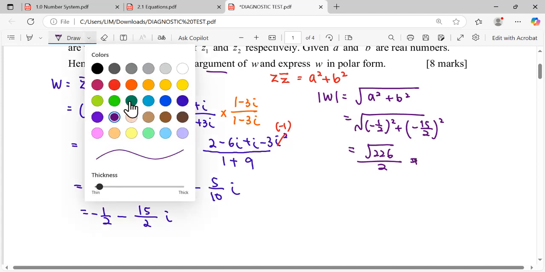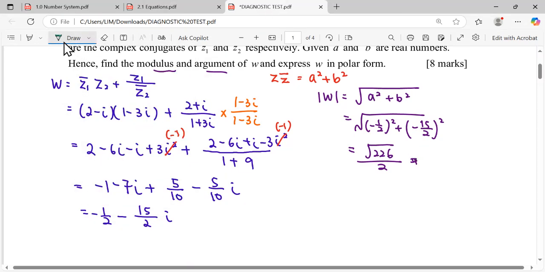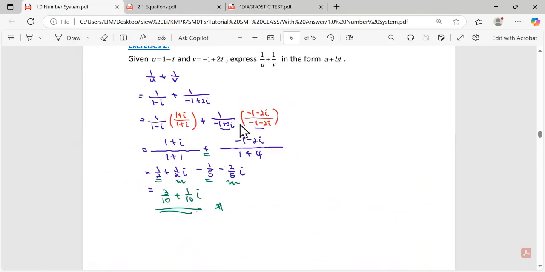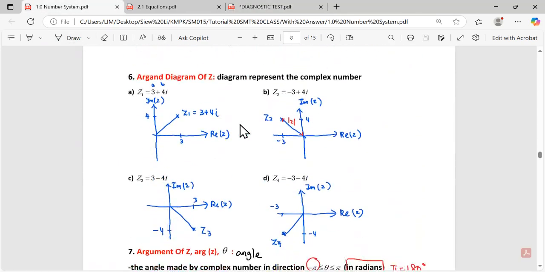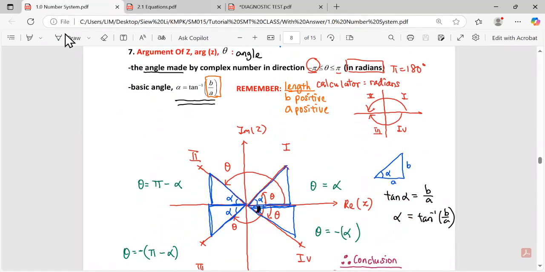Now I move on to argument, where most of the students will make some mistakes. So let us refer to our notes here. In argument, what is important, and what do we need to be alert to when finding the basic angle alpha using inverse tangent?